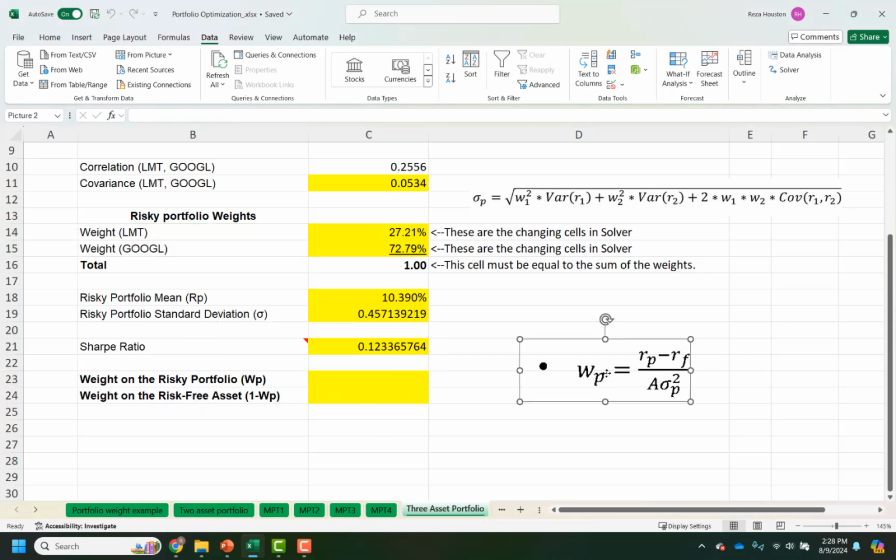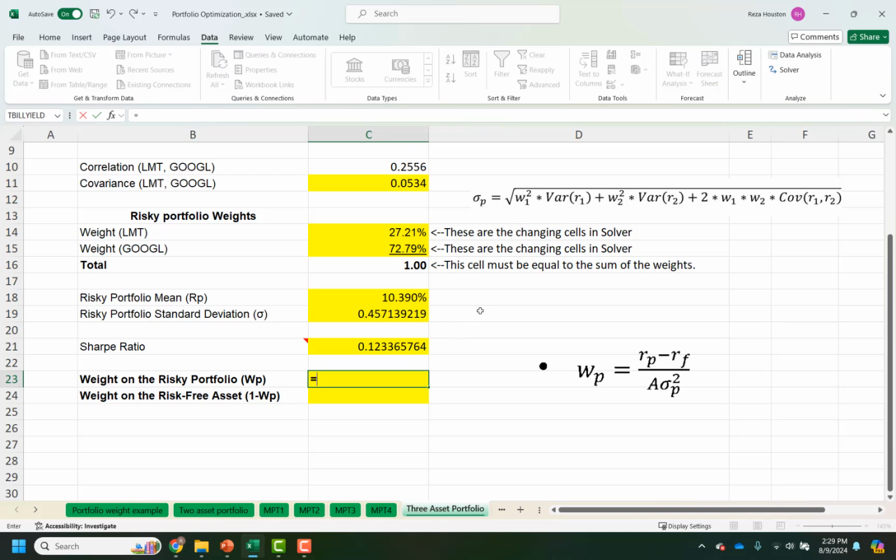And I've already gone ahead and put the formula that I had from our last video right here. And what we're going to do is we're literally just going to plug and chug. I mentioned that if you want to see the derivation for this, take a look at our appendix slides and you can see how we get to this. Basically, we just assume a utility function and then derive the weight to the risky portfolio.